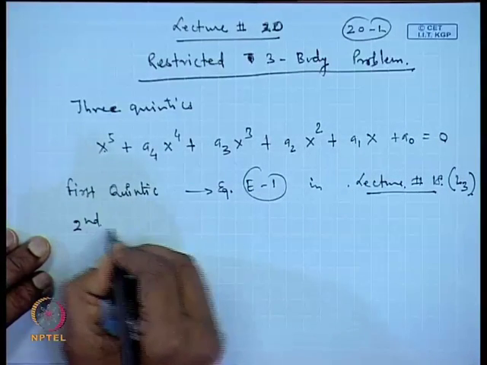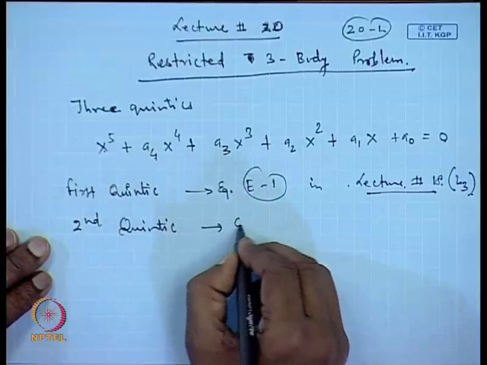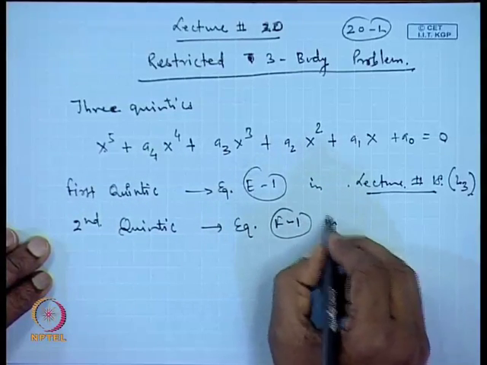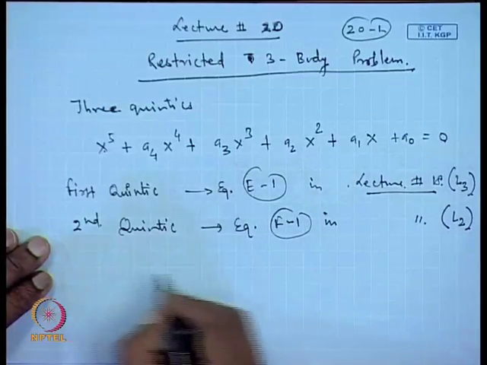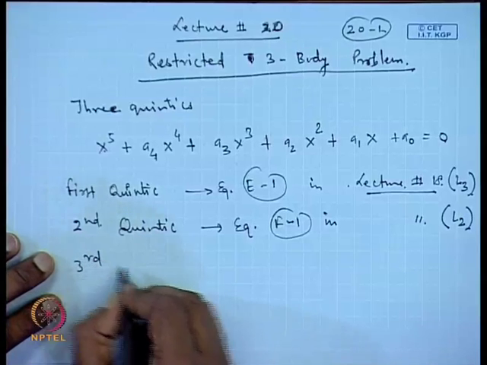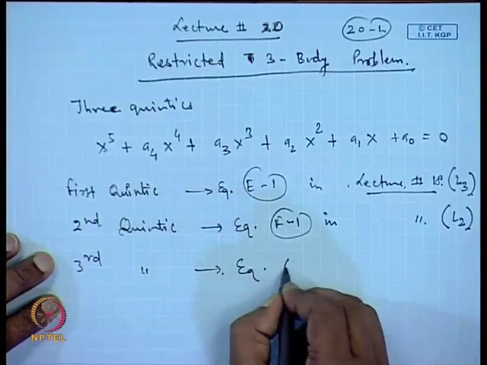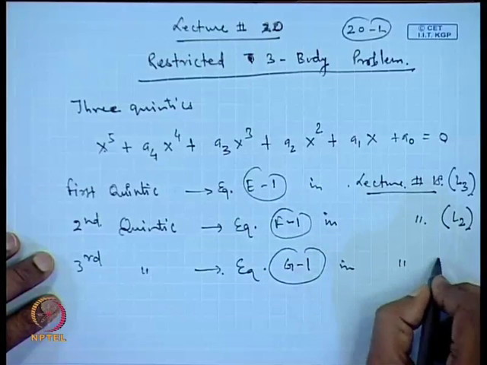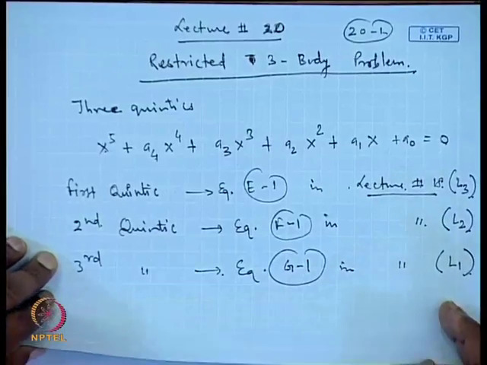The second quintic was described by equation number F 1 in lecture number 18, and this was describing the L 2 point, the second Lagrange point. And the third quintic was described by equation number G 1 in lecture number 18, and this described the Lagrange point L 1.